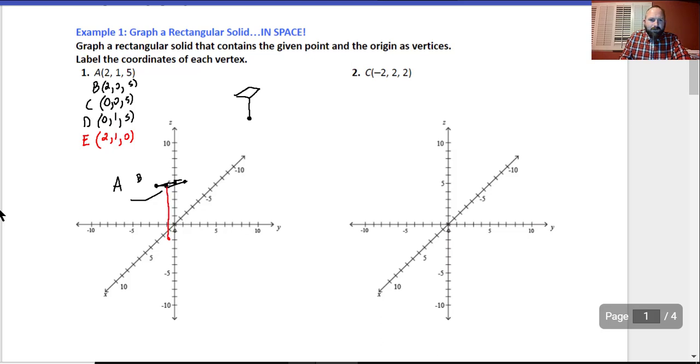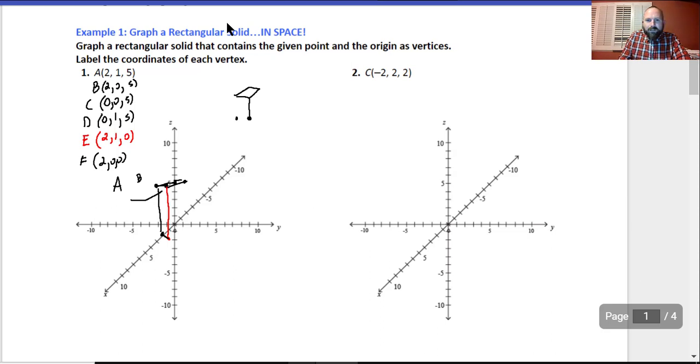And now we're going to do our other 3 points, and those 3 points will match up. So E matched up with A. Now F, not B, F is going to be 2, 0, 0. So that one's straight down right here, 2, 0, 0 right here. And this matches up right there.